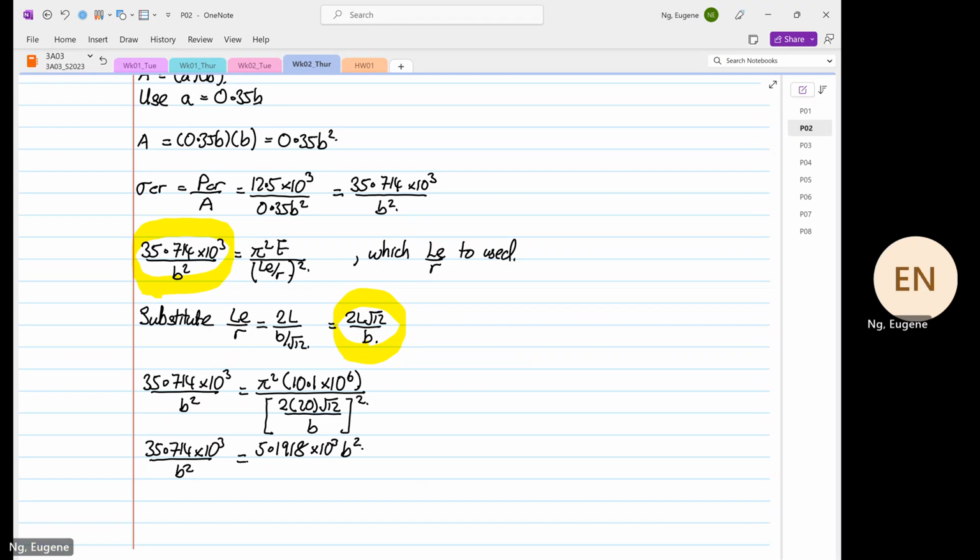Okay, so b to the power 4 will be equal to 35.714 power 3 divided by 5.1918 power 3, which is equal to 6.87879, and then b, you just square root twice, is 1.619.